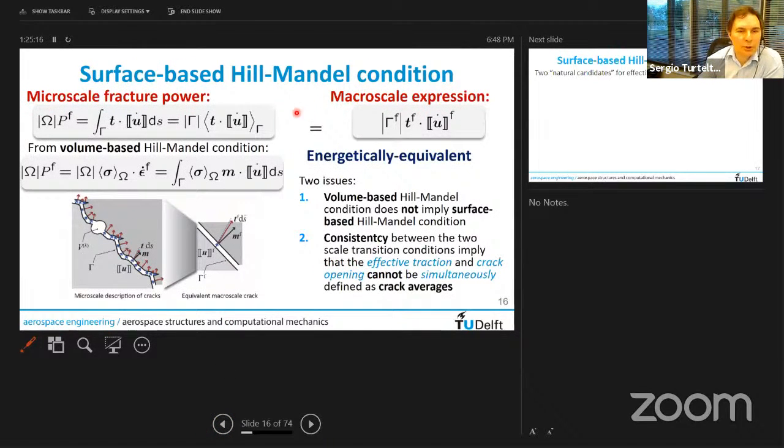The Hill-Mandel condition for the crack is that I take the traction on this surface. So every local traction here, you multiply that by the crack opening rate. So this is the local crack opening rate here, and it's multiplied by the traction. So it gives you the power expended by opening that little piece of surface.